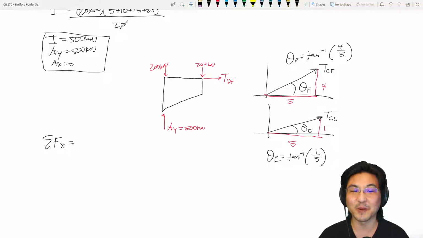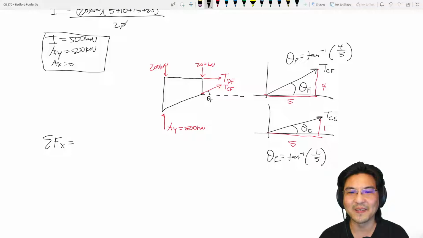In this picture, the angles are with respect to horizontal, the way I drew it. So TCF, meaning this is theta F, and then the other force over here, TCE. This angle right here is theta E with respect to horizontal.